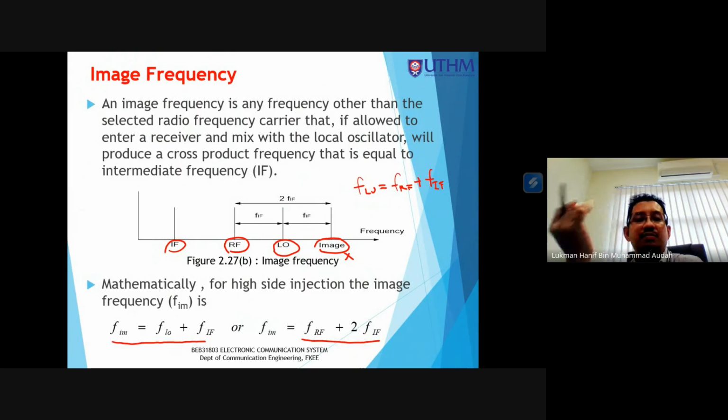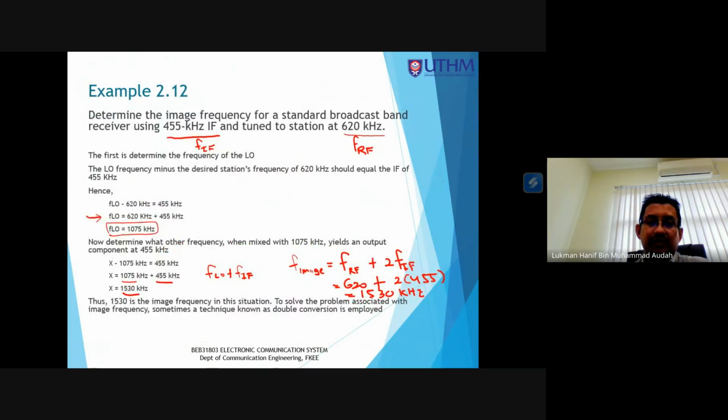What is the meaning of image frequency? So you have to explain and you can sketch the frequency spectrum like this. This slide has been asked in the exam in the previous semester. So it is important for you to know how to calculate the image frequency.